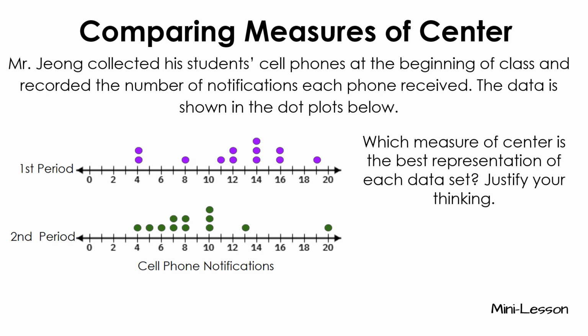We also found that the median for first period was 14, and the median for second period was 8. I believe that because it is an averaging of all the numbers, the mean would be the best representation. I am curious to know what you feel the best measure of representation would be. Please make sure you write that on your slides and you submit.